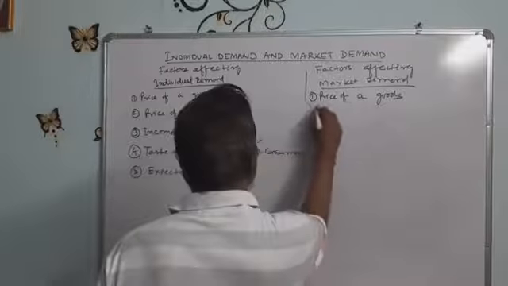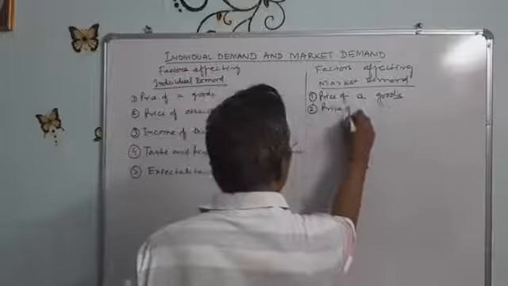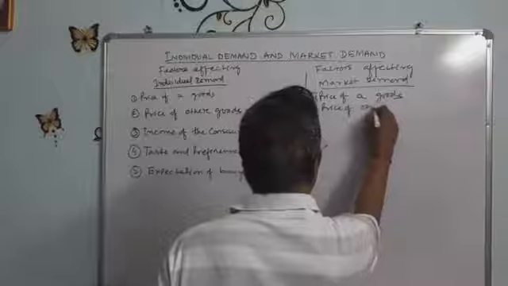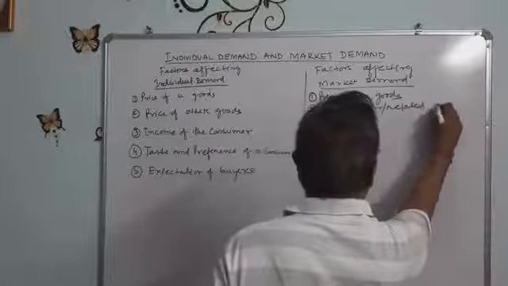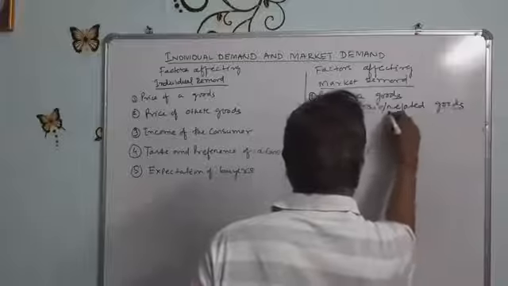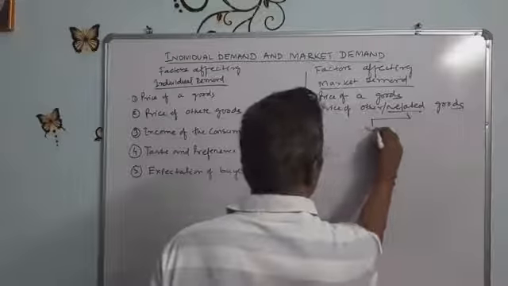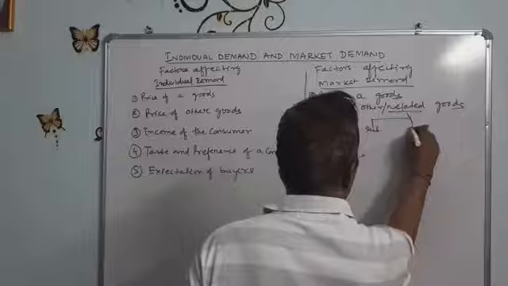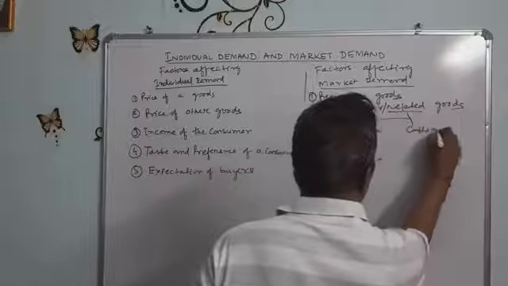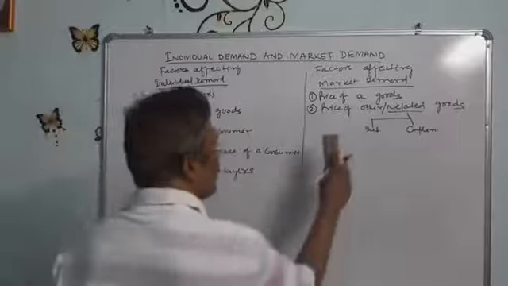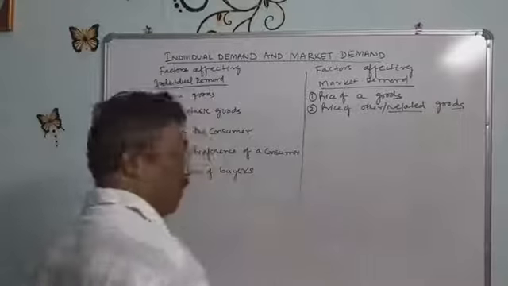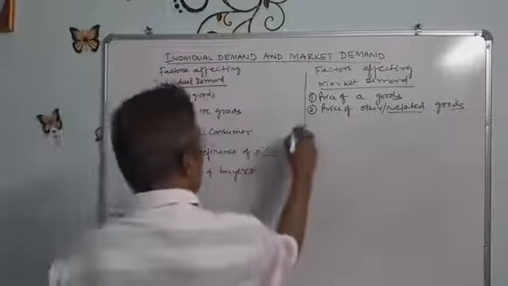Number 2, same also, price of related goods or other goods. These related goods are substitute goods and complementary goods, which we have already discussed. Third point also the same, income of the consumer.